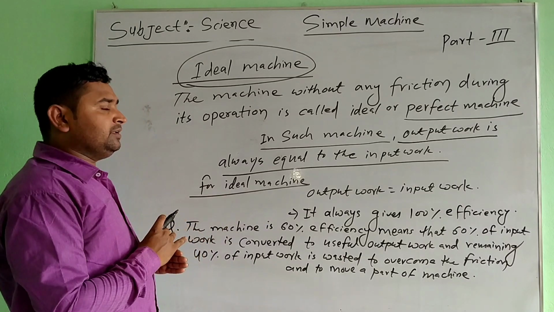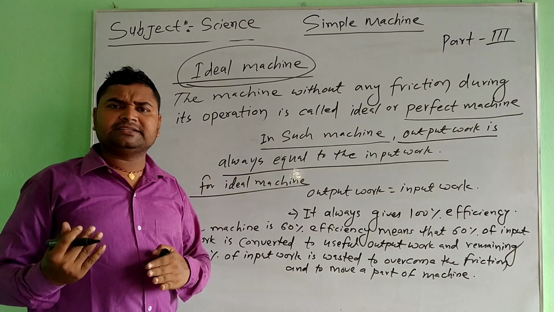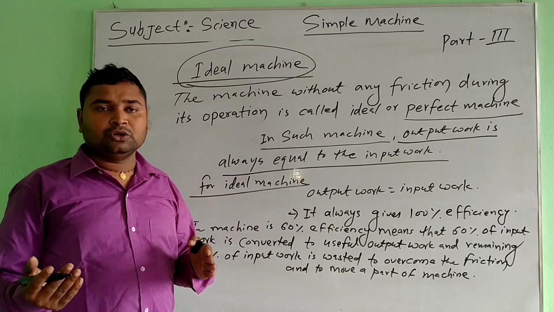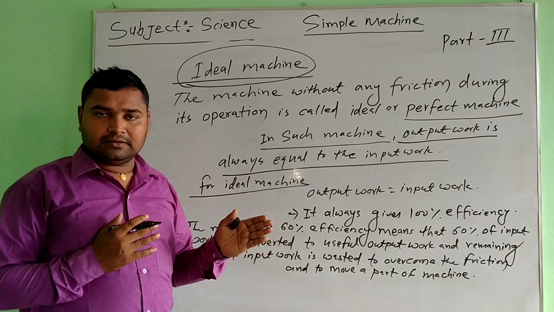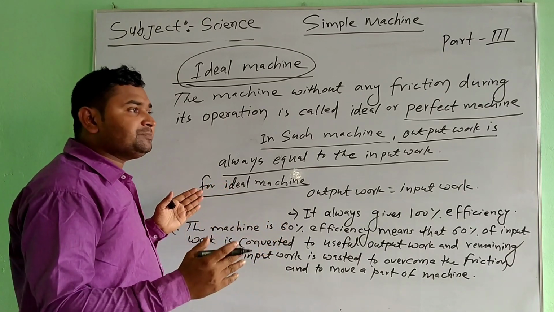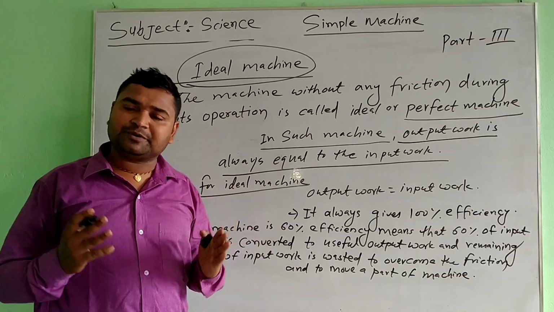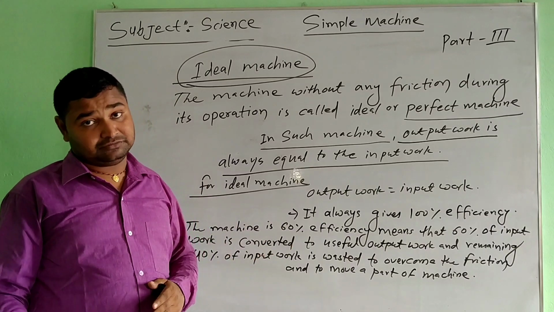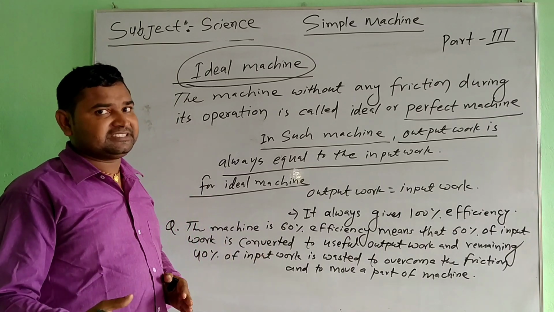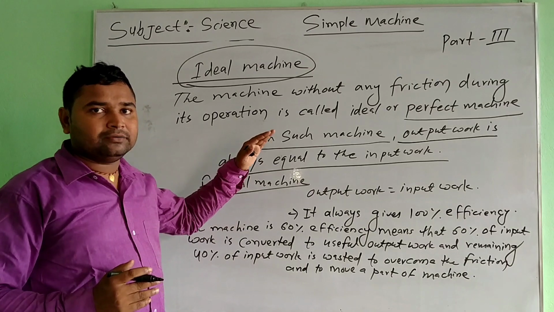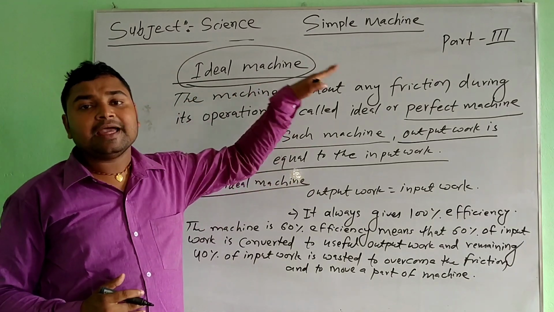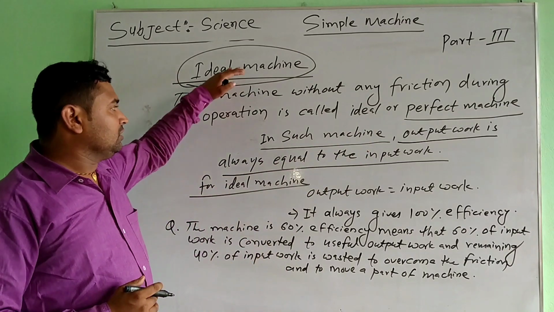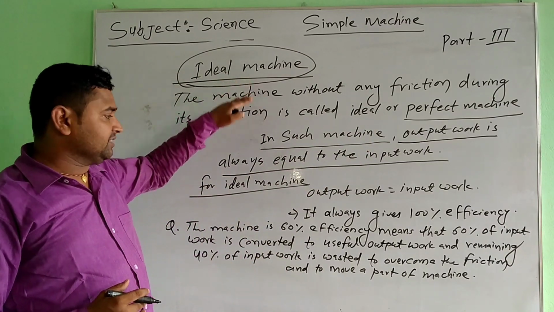We have studied this, but practically it does not happen. So there is a difference between the practical machine and the ideal machine. A practical machine does not give 100% result; it is reduced. I will also write the differences between the practical machine and the ideal machine.